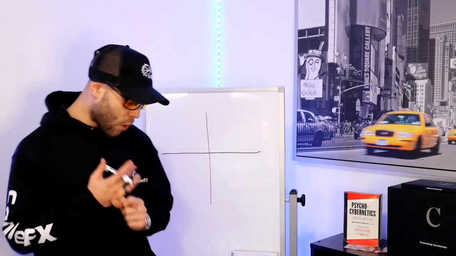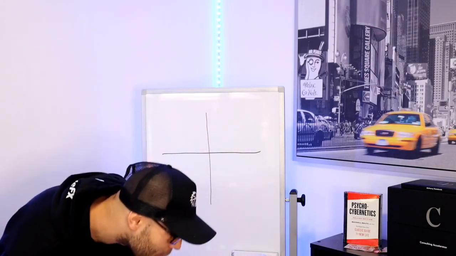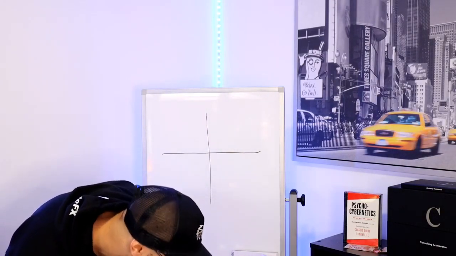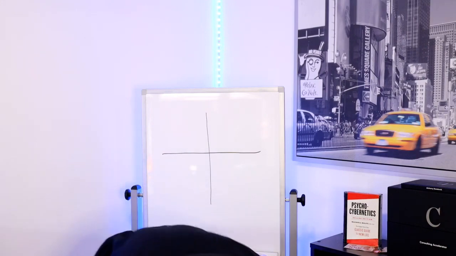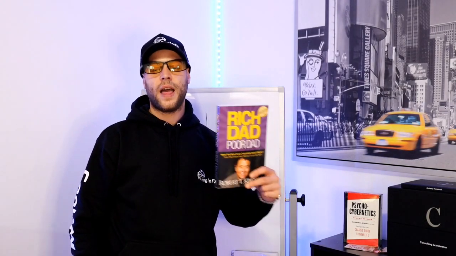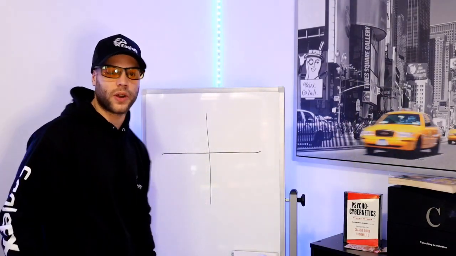Where I learned that, first of all, is the book Rich Dad Poor Dad. I got it somewhere in here, trying to find it. This book, you should read that, Rich Dad Poor Dad. And after that, his second book was the Cash Flow Quadrant, which talks a little bit more in detail about what I'm going to talk about here.